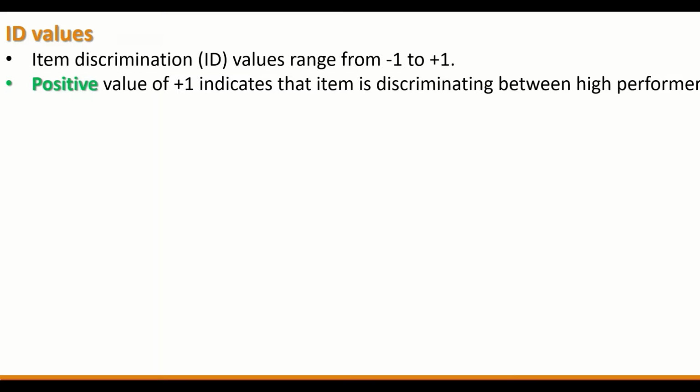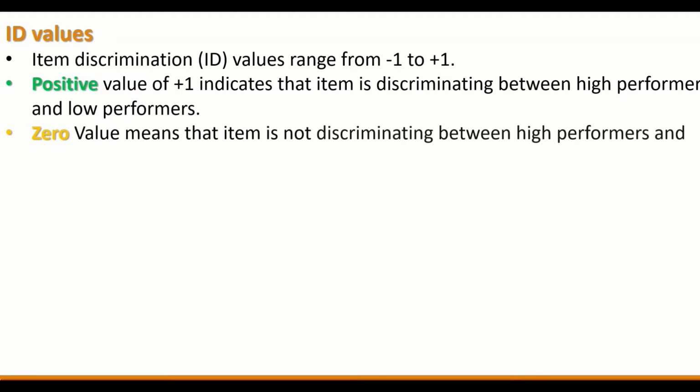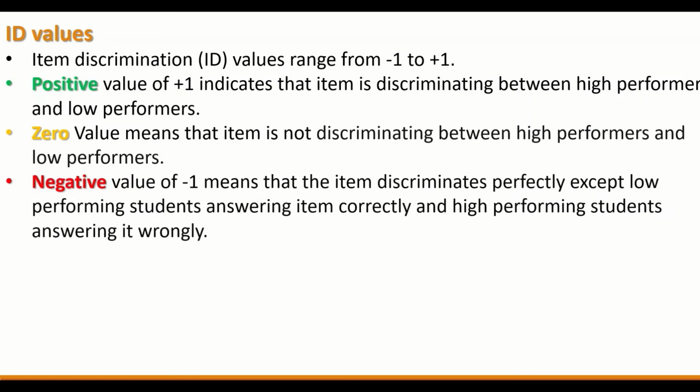A positive value of +1 indicates that the item is discriminating between high performers and low performers, and +1 indicates a perfectly discriminating item. A zero value means that the item is not discriminating between high performers and low performers.